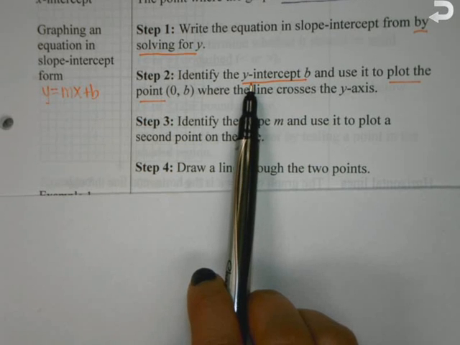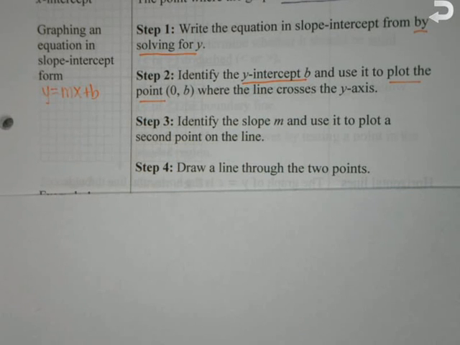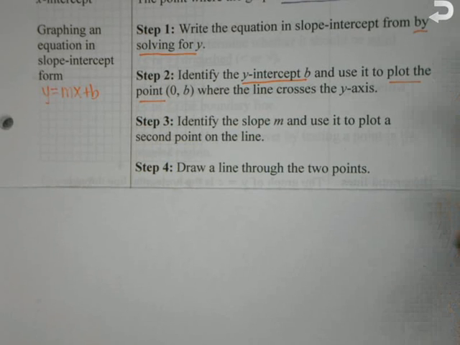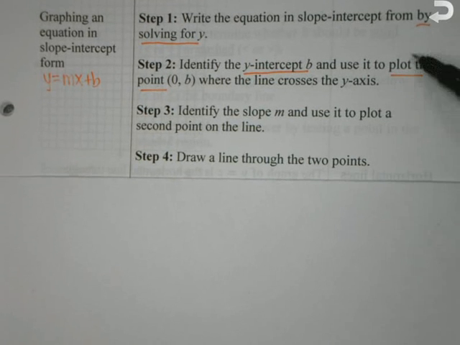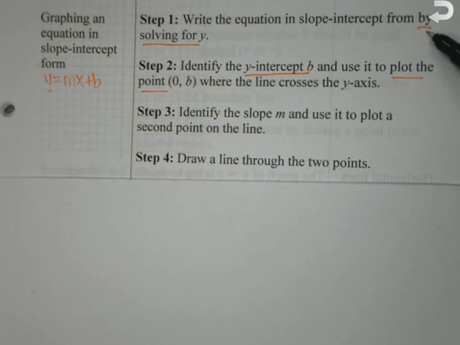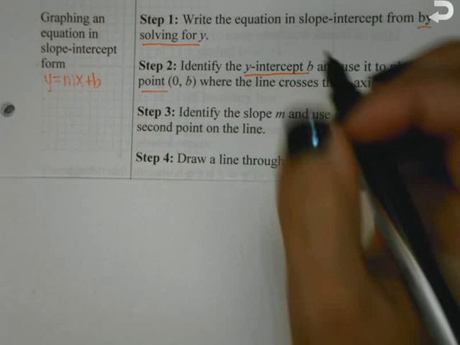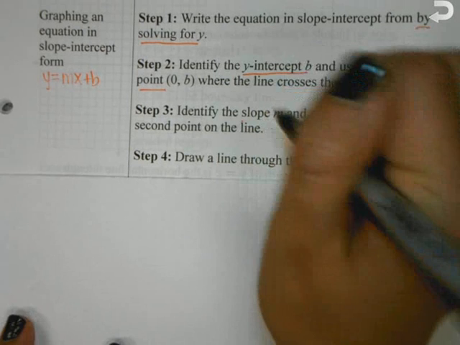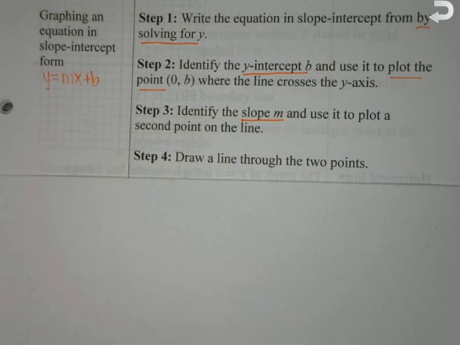So step 1 is solve for y, get it to y equals mx plus b. Step 2 is plot the y-intercept. Step 3 is identify the slope and use it to plot a second point. So plot a second point using slope.